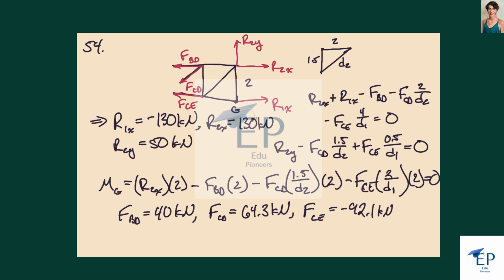This should be gone. So we have this creates a moment, this creates a moment, and this creates a moment. FCE does not create a moment about point G. Not sure why I have that in there. I suspect I didn't put it into the computer when I had it solve these equations, because I got the answer that the book got. So this should equal 0.